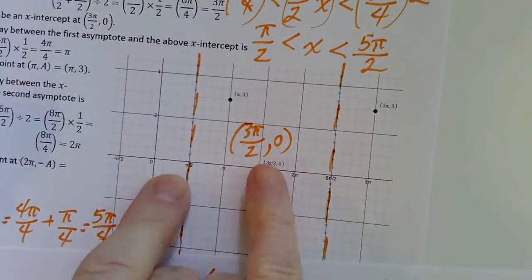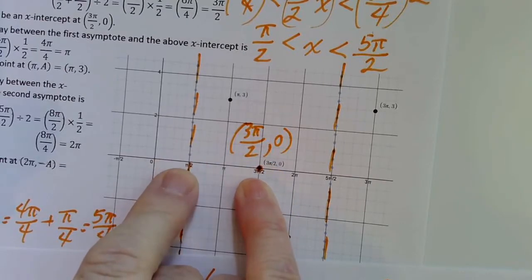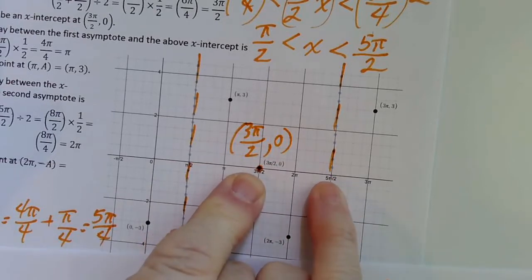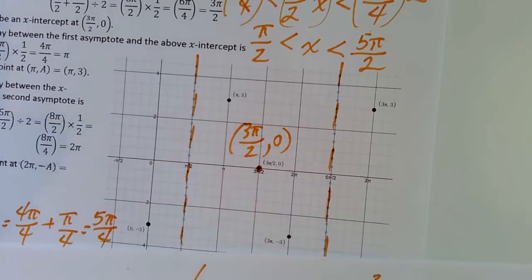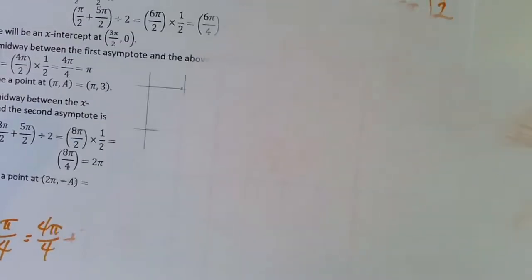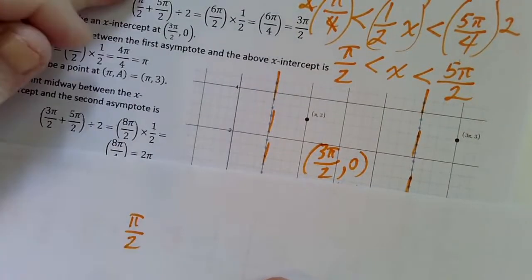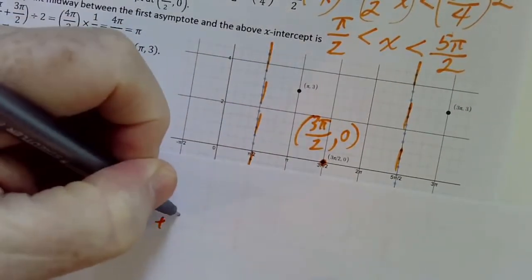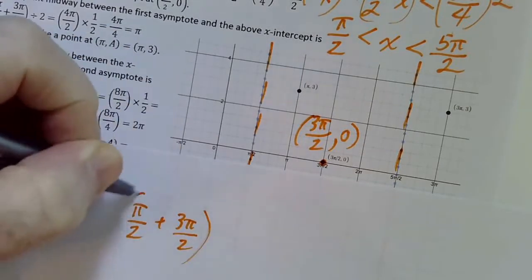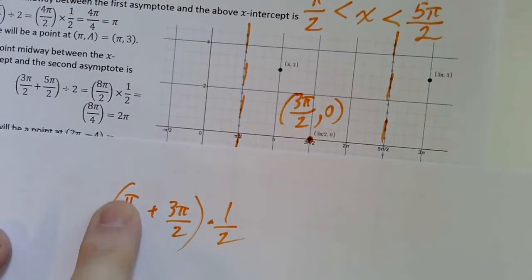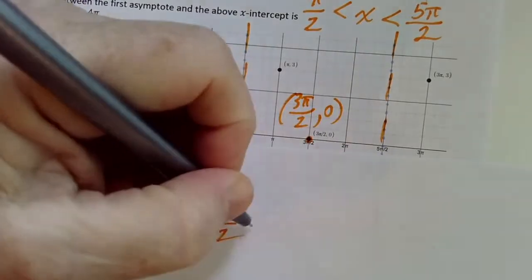Now we need to find the points exactly in the middle between pi over 2 and 3 pi over 2, and between 3 pi over 2 and 5 pi over 2. This time it's really easy, but let's go ahead and do the math. So we've got pi over 2 plus 3 pi over 2 times 1/2. We're finding the middle value between two x values, so we're going to add those, multiply by 1/2.